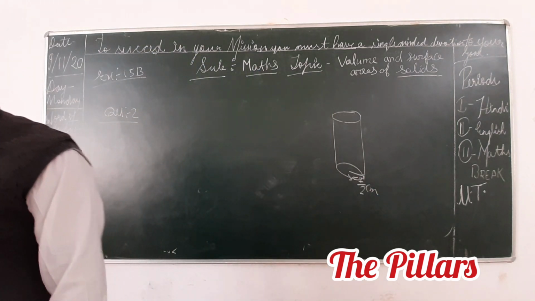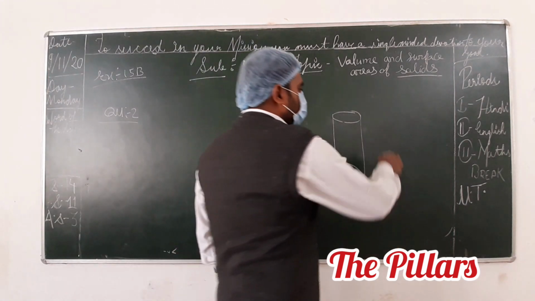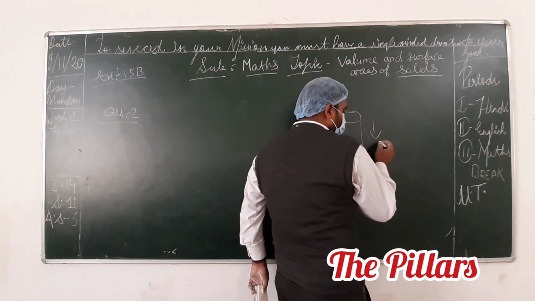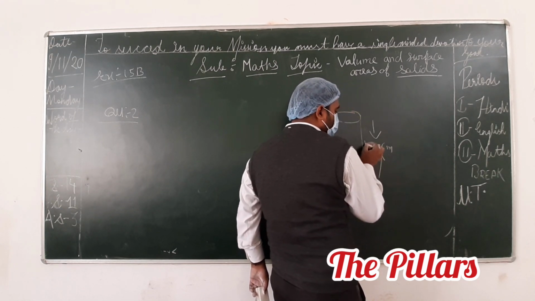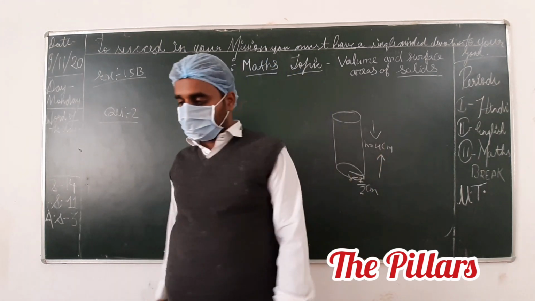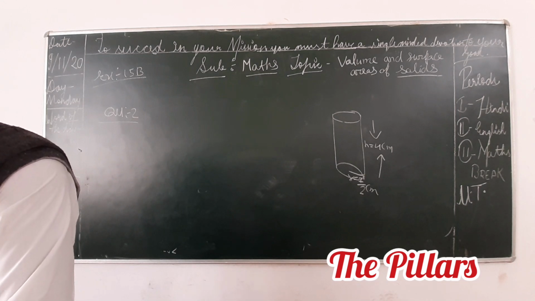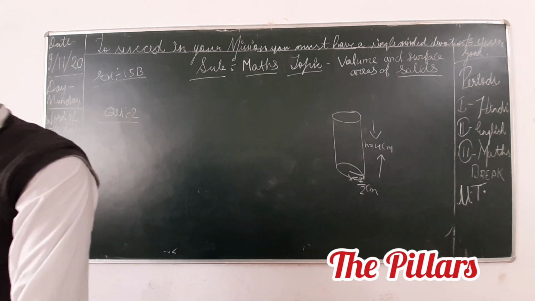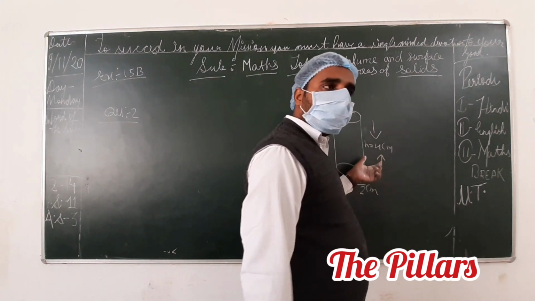And the bowl is filled with the soup to a height of 4 centimeter, so h equals 4 centimeter. The question asks how much soup the hospital has to prepare daily to serve 250 patients. For one patient you have to make one bowl.